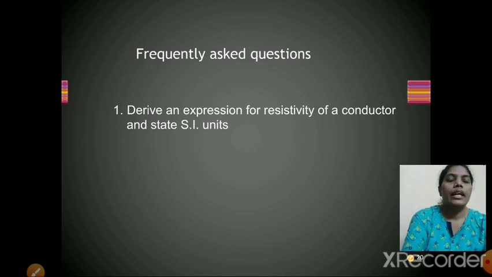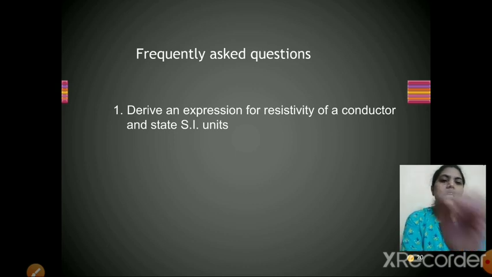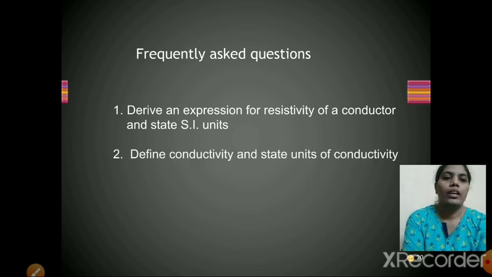Now by using their relations that R is directly proportional to L and R is inversely proportional to area of cross section, we can derive an expression for resistivity and also its SI unit, that is ohm meter. Define conductivity and state unit of conductivity.